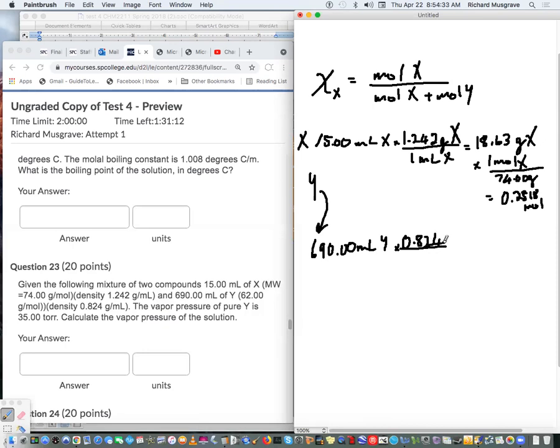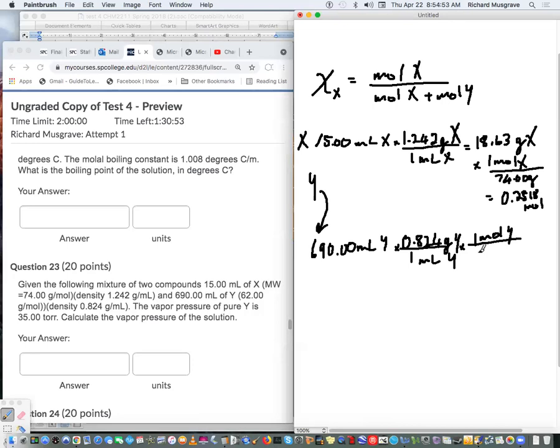You'll notice I'm very good about the units because the units help me to know if I have to multiply or divide, so I can see how everything cancels. And then we'll go ahead and just convert that straight into moles here.